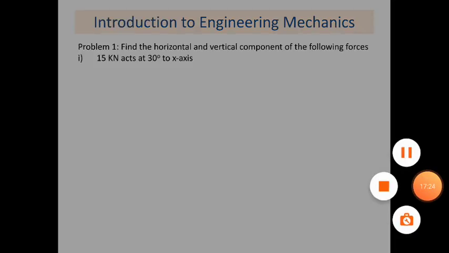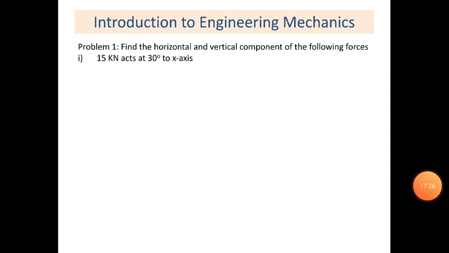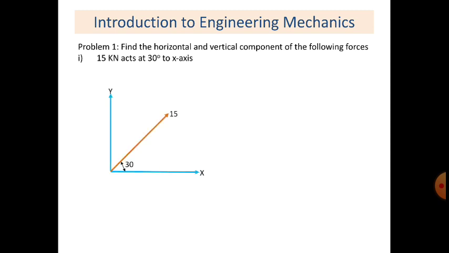It is said to find the horizontal and the vertical components of the force. A 15 kilonewton force acts at 30 degrees to the x-axis. This is the force acting, and this is the angle made by the force along the x direction.